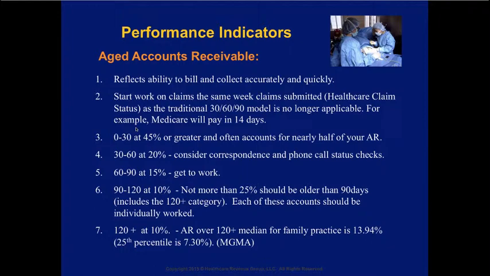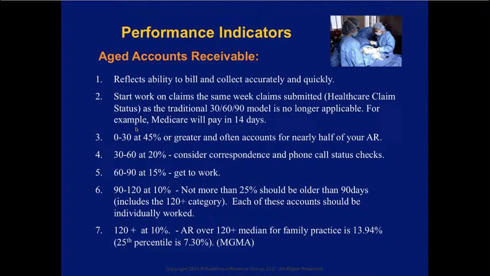Well, that 30, 60, 90 model of tasks occurring at a monthly interval is gone. Because if I use my healthcare claim status inquiry, I should know within the week that I send the claim what is going on with the carrier. I know if I ping Aetna and say, hey, I submitted a claim on Tuesday, on Friday, what's my status? And they say A1, I know they've got the claim.